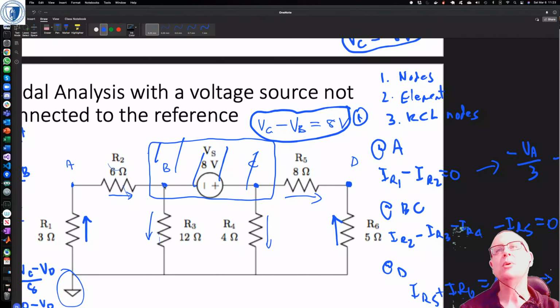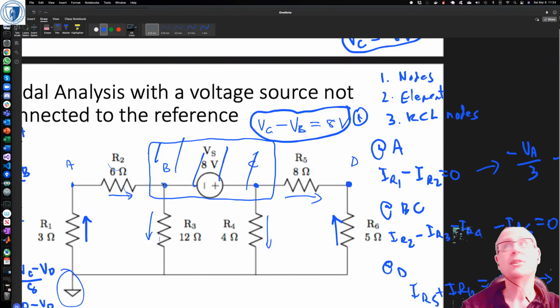This is going to be the most negative here, on the negative side of the voltage source, right? And it's because this voltage source is not connected on either side of it to the reference, right? So it's sort of floating around, and what actual voltages at node B and node C reference to 0 is going to be dependent on all the currents that we've just figured out.